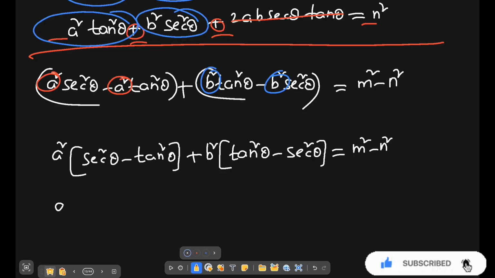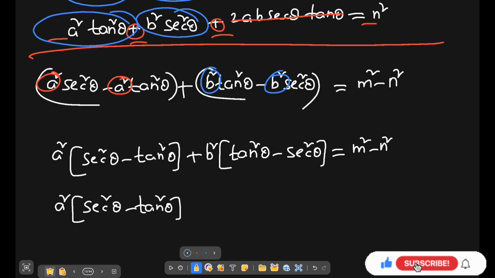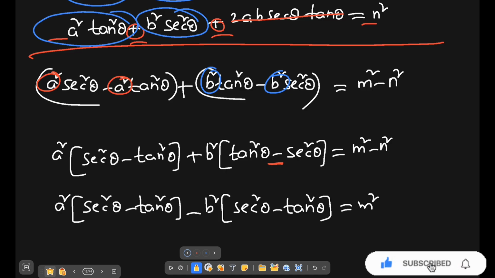Again here a square of (sec square theta minus tan square theta). Now let's take this minus common from here, so it becomes minus b square of (sec square theta minus tan square theta) equals m square minus n square.